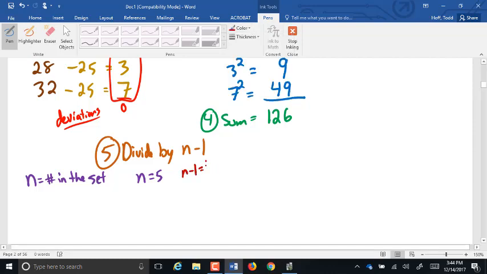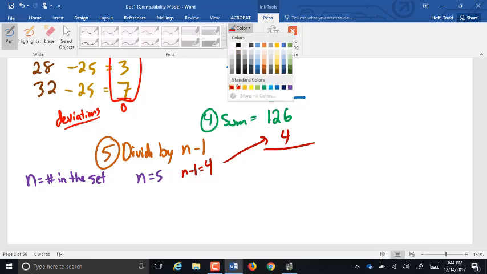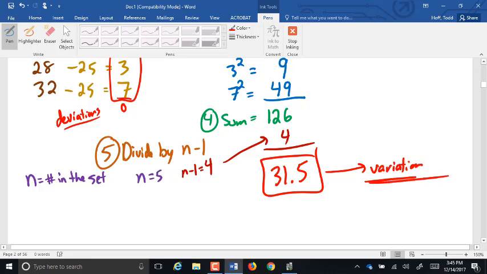So n minus 1 equals 4. 126 divided by 4 is 31.5. That would be referred to as the variation if you were asked for it.